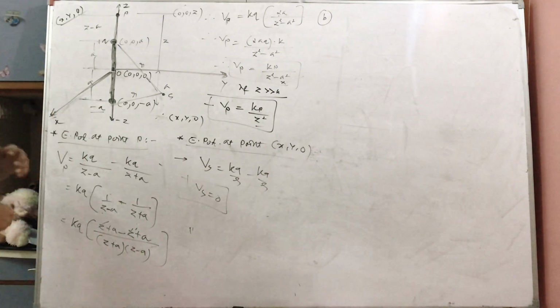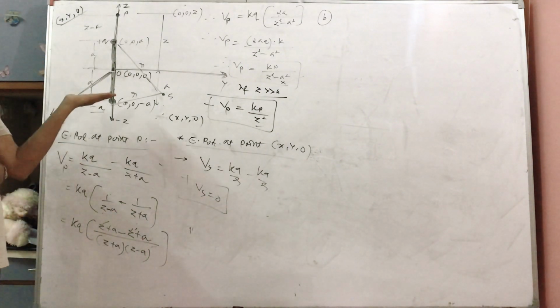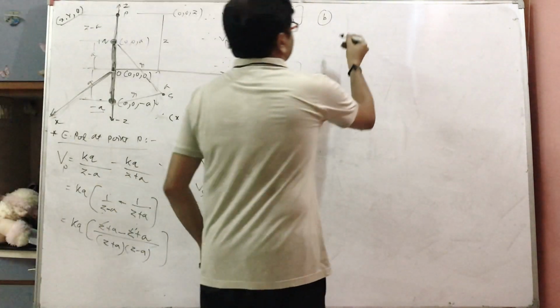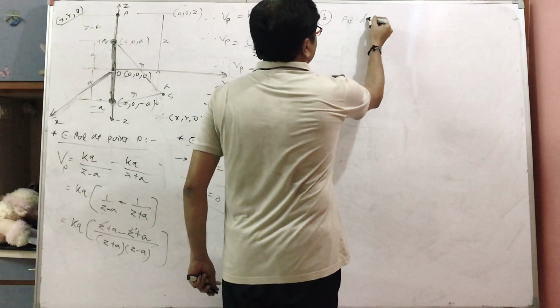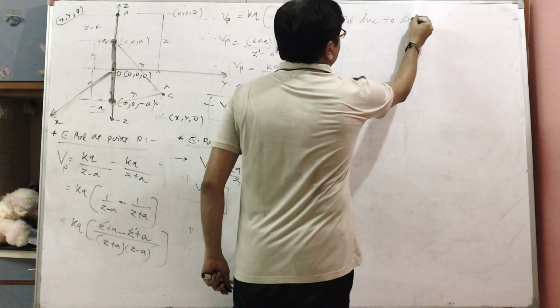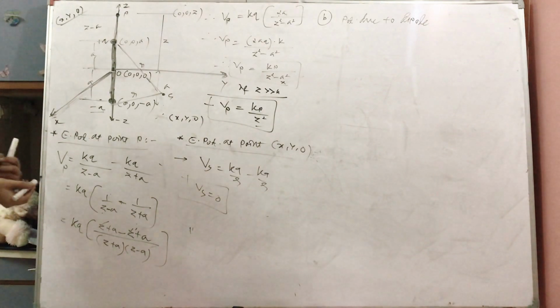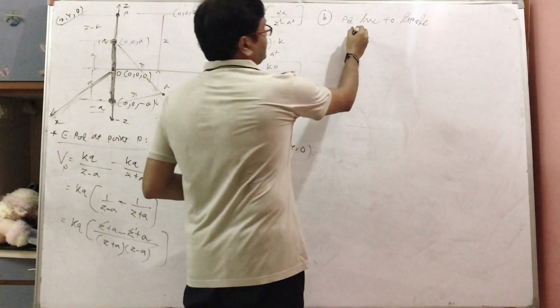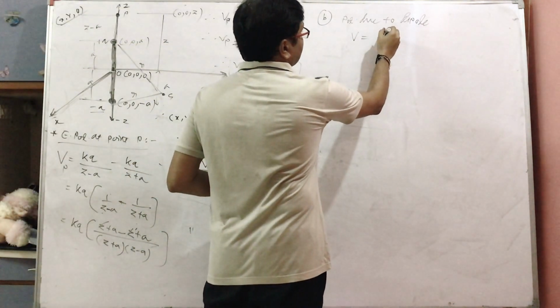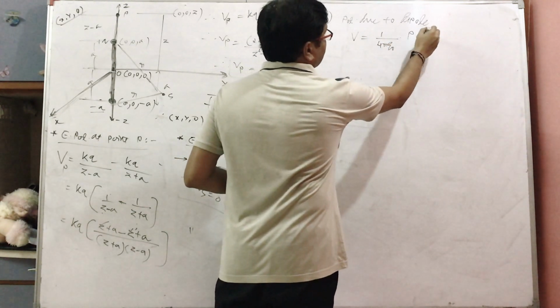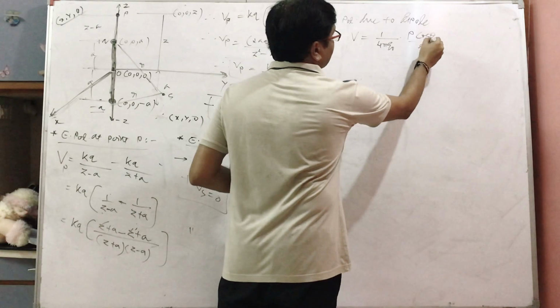अब अपने को पूरा सीन तो हम जानते हैं, because what is the formula of potential due to dipole. So potential due to dipole, याद करो जनरल फॉर्मूला, because this is nothing but dipole. So potential due to dipole V is equal to 1 upon 4 pi epsilon naught P cos theta by r square.